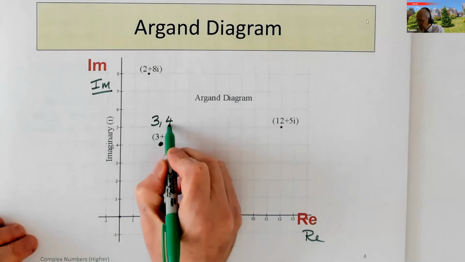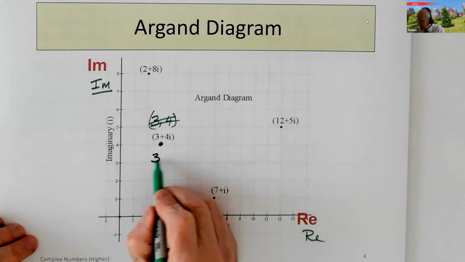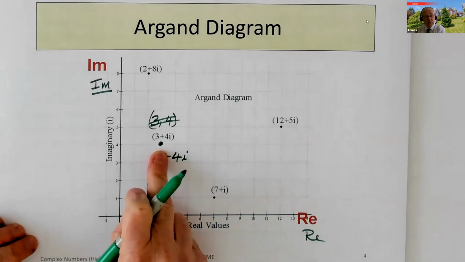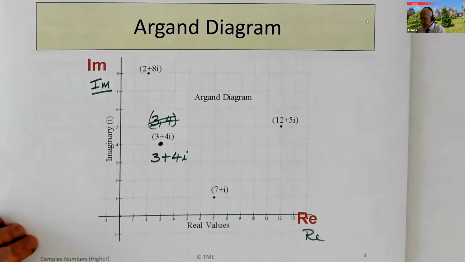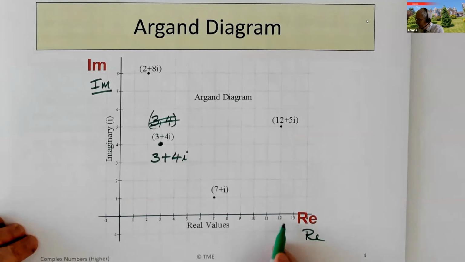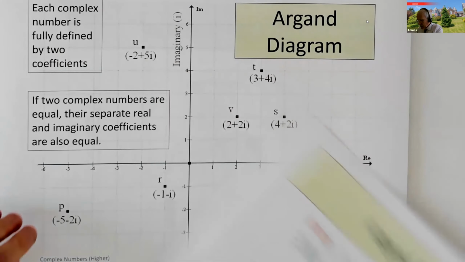We don't write it as 3, 4, but it's very similar to it. We write it as 3 plus 4i. So it's 3 of those and 4 of those, like 3 apples and 4 oranges. 7 plus i is out here, and 12 plus 5i is out there. But it's the full coordinate.